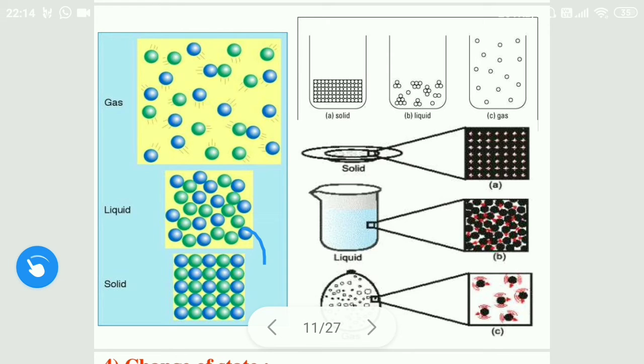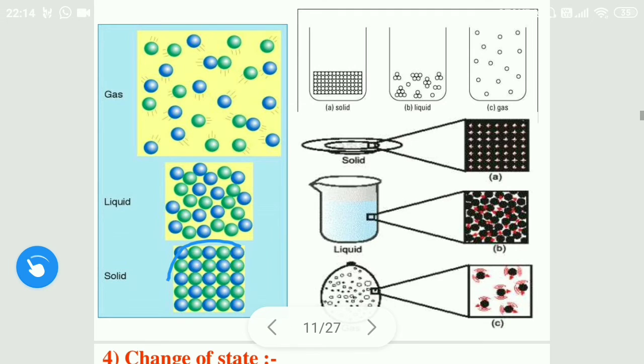And in the solid, there is no intermolecular space. Hence, solids have the most attractive force compared to liquid or gas.